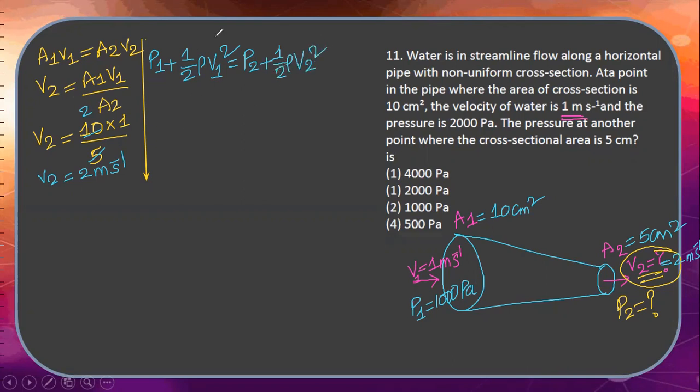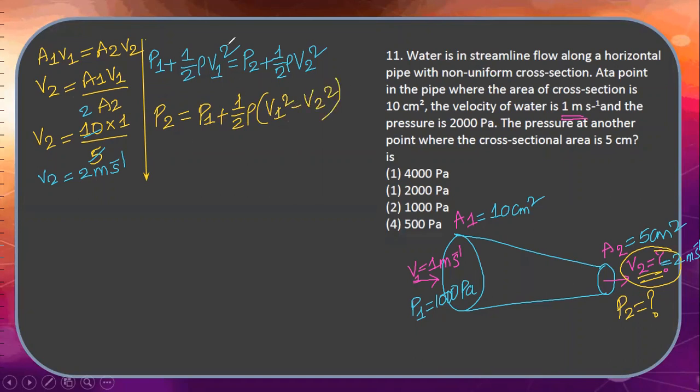Then we have to calculate P2. For that, bring all this to the left side. P2 is equal to P1 plus 1/2 rho into V1 square minus V2 square.